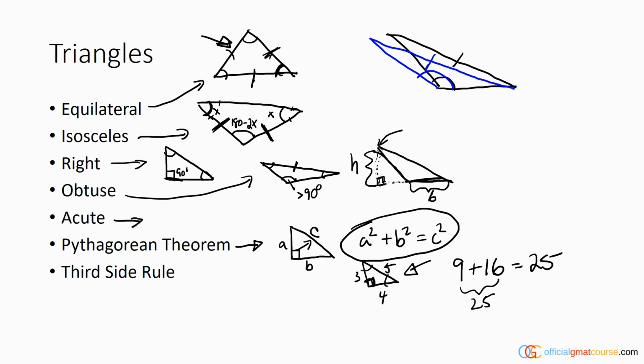An acute triangle is a triangle where none of the angles are greater than 90 degrees. So a classic example of an acute triangle would be an equilateral where all the angles are 60 degrees, since they have to be the same size and they have to add up to 180. But an acute triangle could have an 89 degree angle and then two other angles that were also less than 90 degrees.